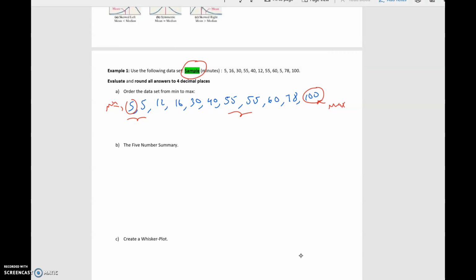Okay, so let's take a look at the 5-number summary. The 5-number summary consists of your min value, your Q1, your Q2, which happens to be the median, your Q3, and the maximum value.